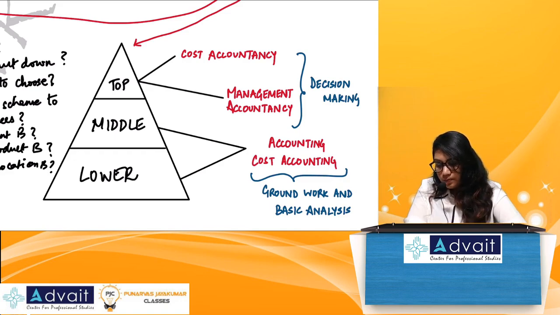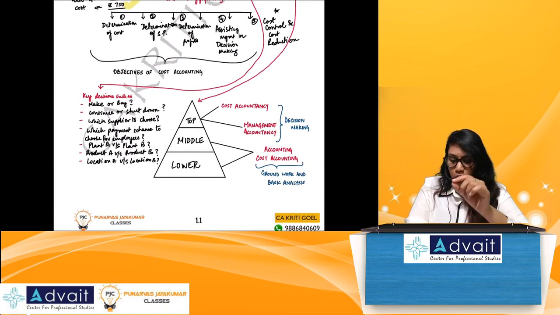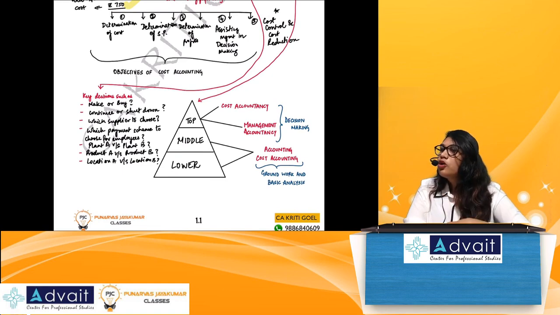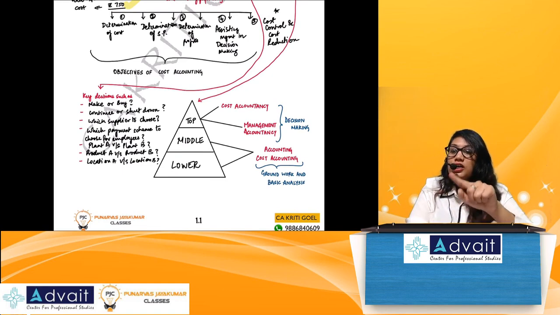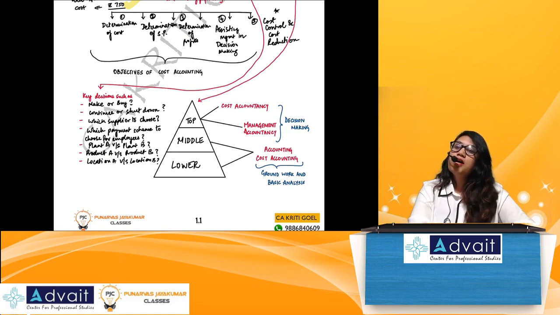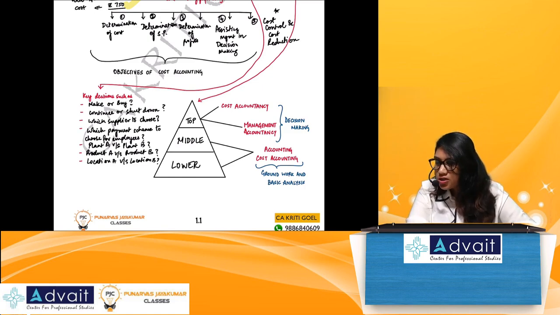Okay, so we had left one small part in the middle, which was the objectives of cost accounting. What was the last objective? Cost control and cost reduction. So our cost accounting helps us in cost control and cost reduction.